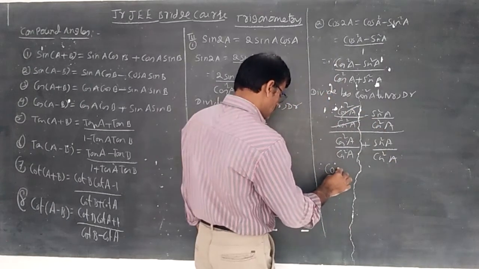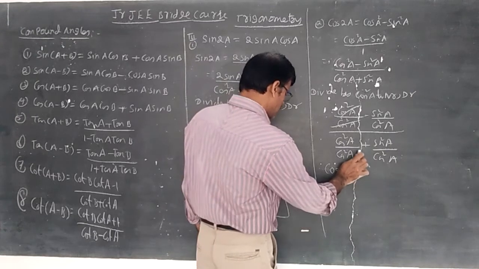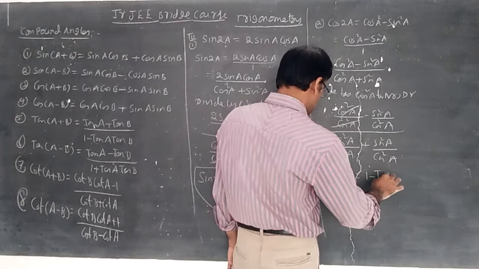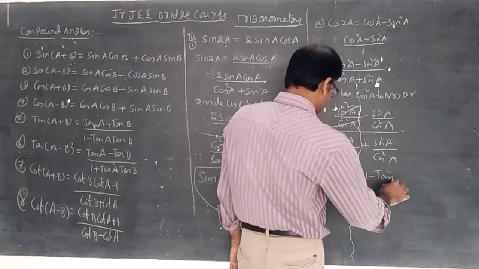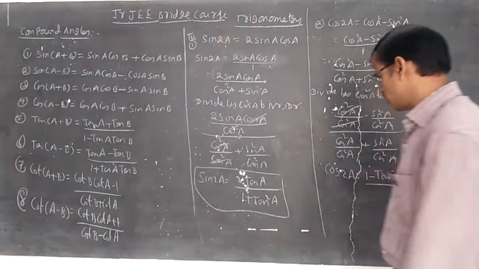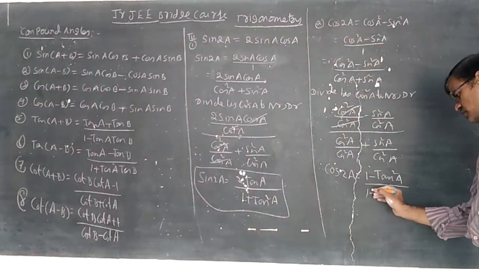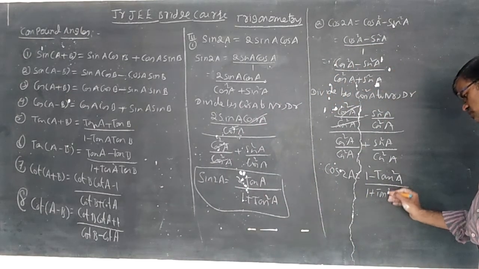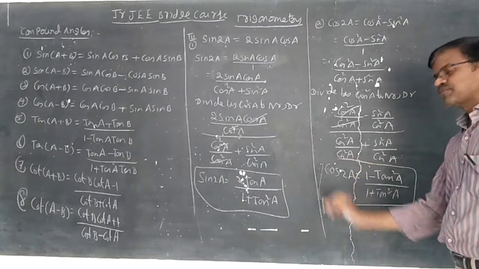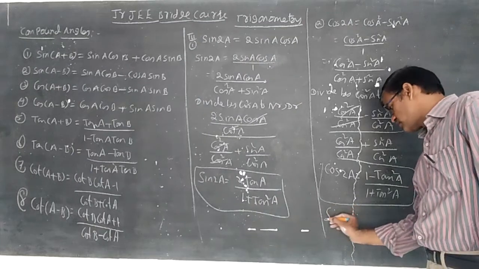Therefore, you can write now the formula cos 2A is equal to 1 minus tan square A by 1 plus tan square A. It is an important formula.